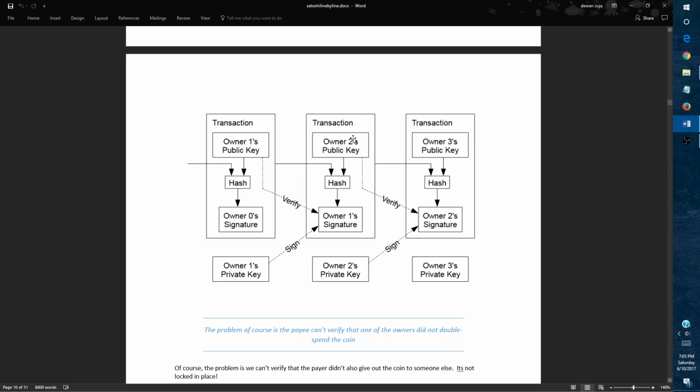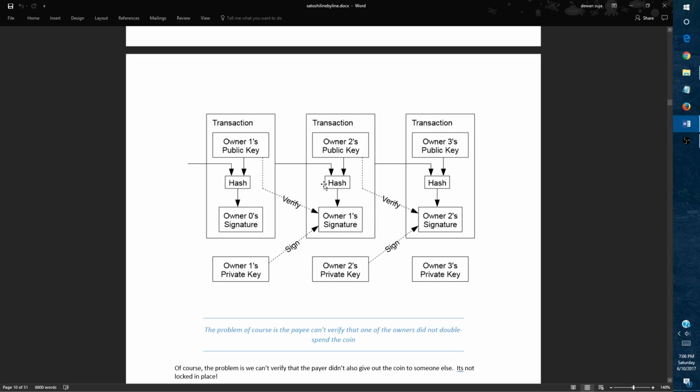So he checks the previous hash, and they verify owner number 2 had that coin, and owner number 2 signs the coin over to owner number 3 with his private key. Owner number 2's public key is basically the verification that he had the coin, and owner number 2's private key is the verification that owner number 2 had the public key. And so that's how it kind of works.